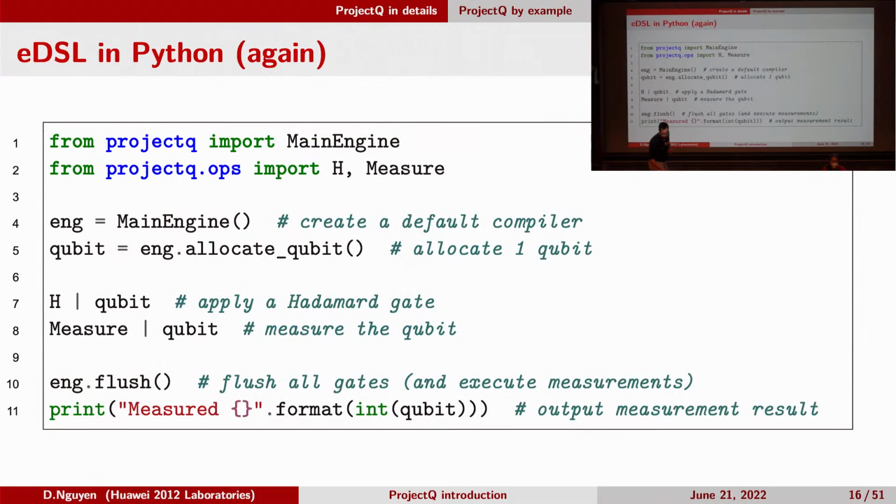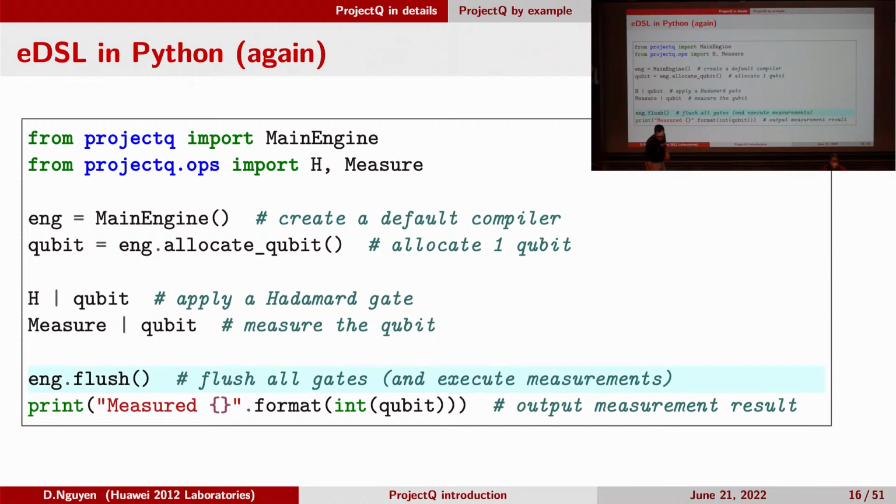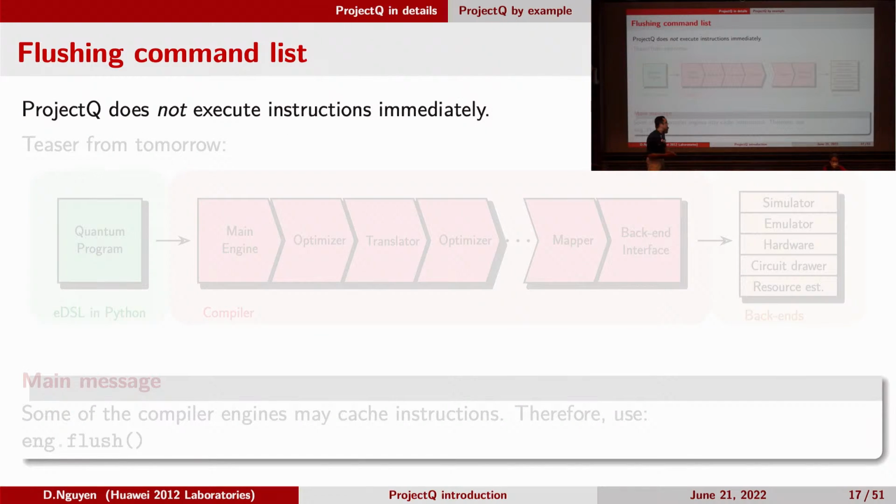Yeah. So to come back to that, we have covered almost everything on this slide already, except maybe for this line number 10, which is important because of the way Project Q is actually processing your quantum circuit in the background once you want to actually execute it. So the instructions are not necessarily executed immediately.